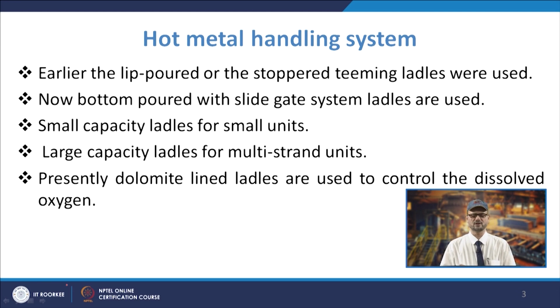Presently we normally use dolomite lined ladles to control the dissolved oxygen. You may have the lining with dolomite, bauxite, or even silica, and it has been seen that the ppm of oxygen observed in dolomite lined or bauxite lined ladles is lesser.